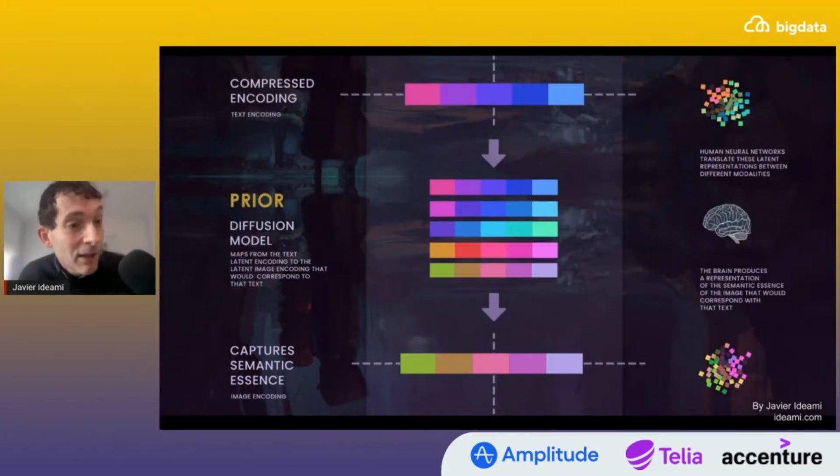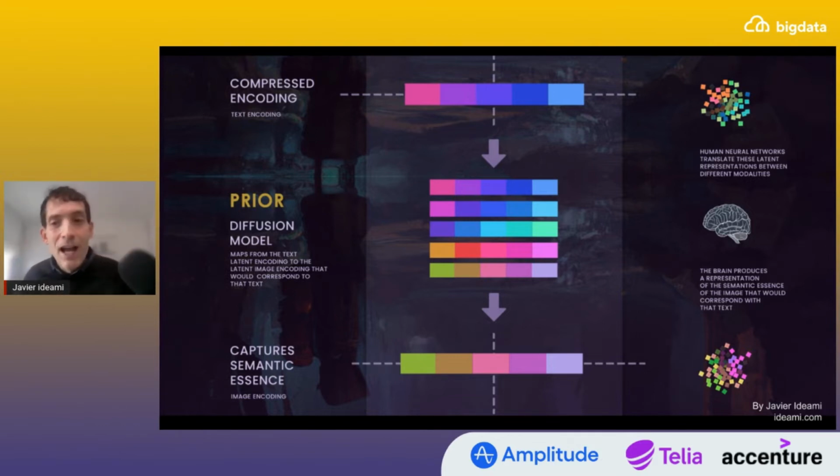Now, the intermediate stage regarding DALL-E 2 uses this intermediate architectural model that they call the prior, and it uses a diffusion model strategy. Basically, it's going to translate between modalities. It's going to pick the compressed representation of the text, and use it to try to predict what would be the compressed semantics, the compressed representation of a potential image that would match with that text.